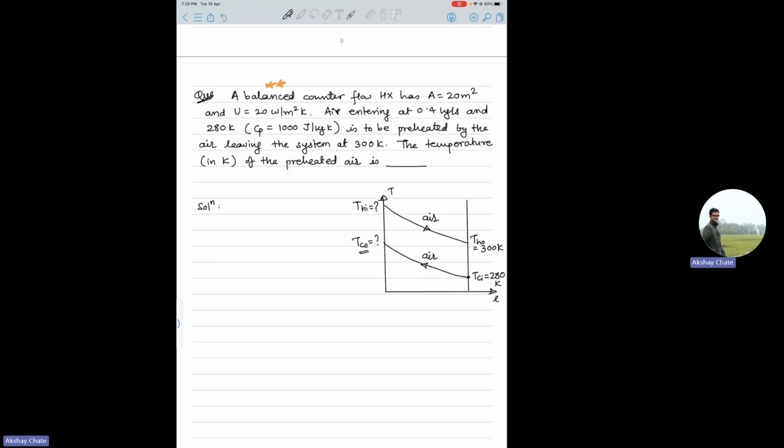So if you do that, we know that for a balanced counterflow heat exchanger, delta T LMTD is equal to delta T at the inlet and delta T at the outlet.